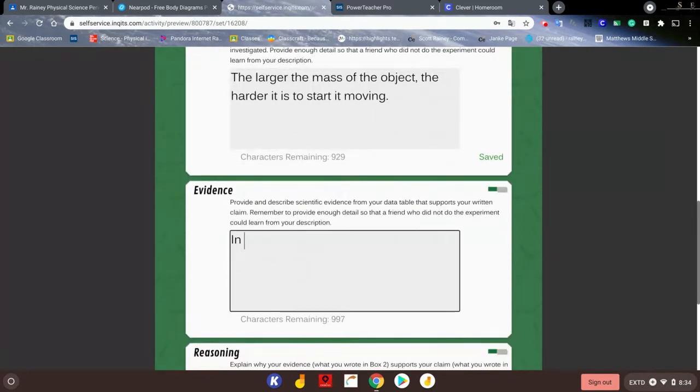So in trials 1, 2, and 3, when I increased the mass of the green ball, the final velocity decreased.